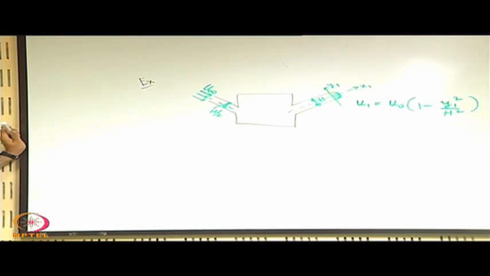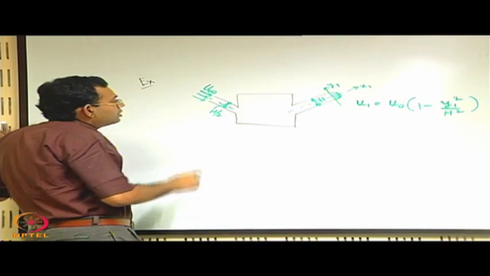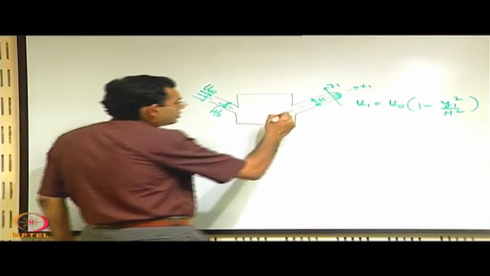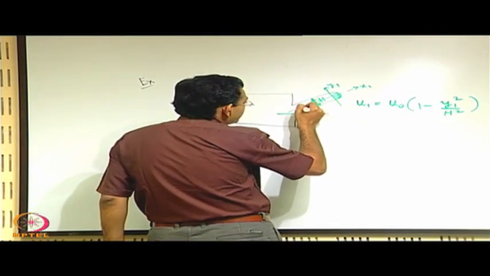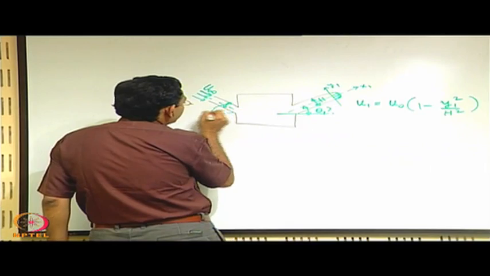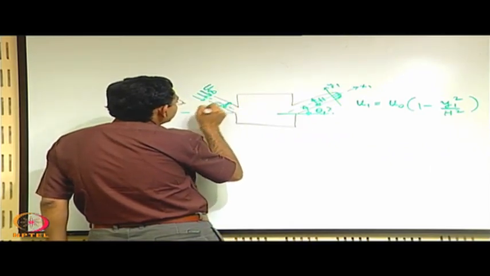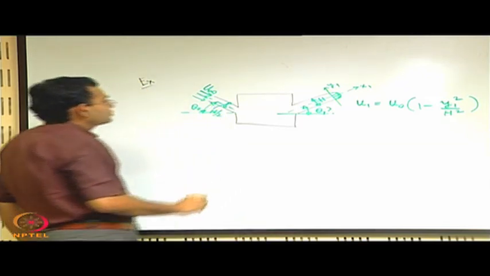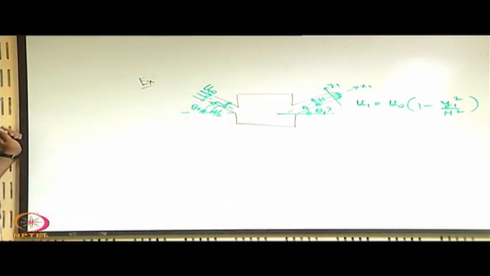Okay. The directions of the axis are not given, that means it is not given what is this angle theta 1, or what is this angle theta 0. These are not given.